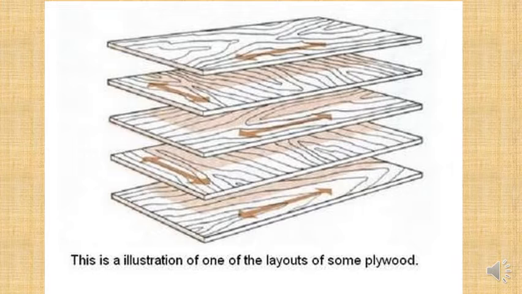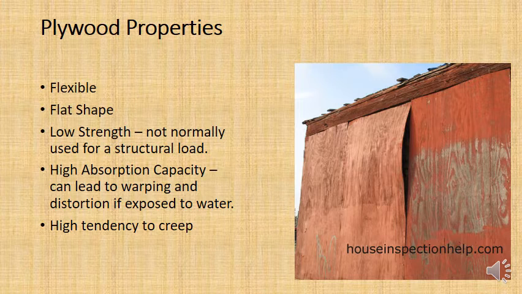You're going to see this when you watch the video of plywood being made, how the grain for each veneer is perpendicular to the one above. So a couple of properties of plywood: it's very flexible. The modulus of elasticity is much lower than for timber, and the reason for that is there's a little bit of flex in the resin itself between the veneers of wood.